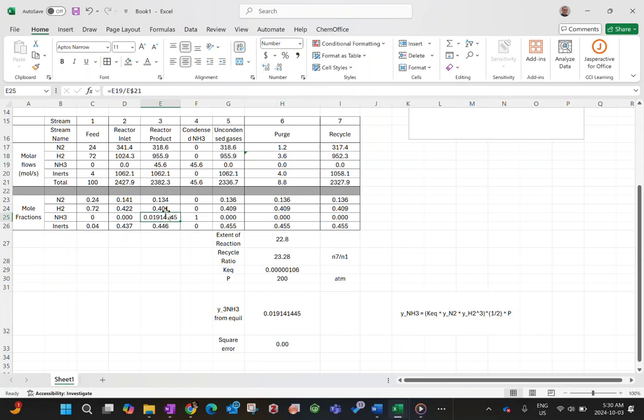So from the extent of reaction, so not using the equilibrium, and using a recycle ratio in the table, we have the exact same mole fraction as we would expect from the equilibrium condition. So this is it. Problem is essentially solved. Okay, so this is our final table in terms of the actual product here.